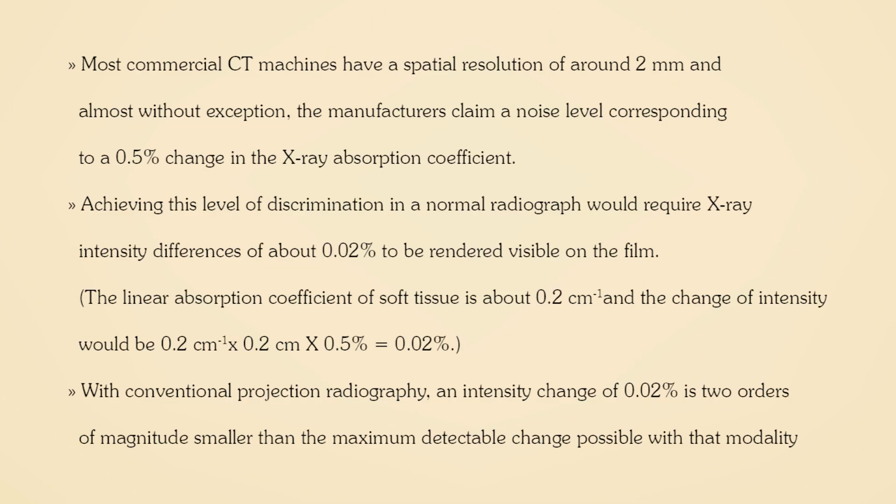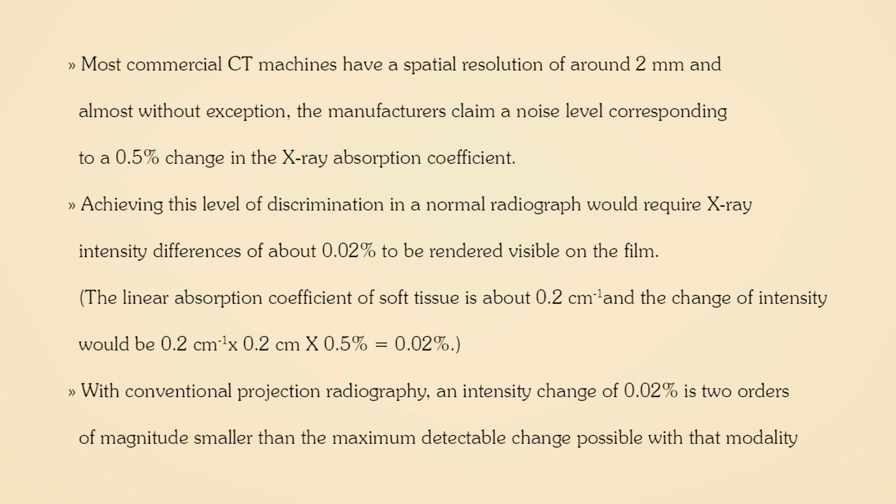Most commercial CT machines have a spatial resolution of around 2 millimeters, and almost without exception the manufacturers claim a noise level corresponding to a 0.5% change in the X-ray absorption coefficient. Achieving this level of discrimination in a normal radiograph would require X-ray intensity differences of about 0.02% to be rendered visible on the film.